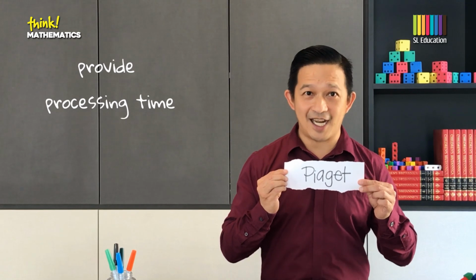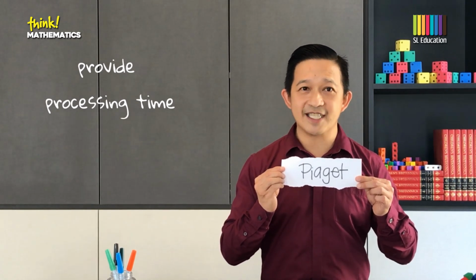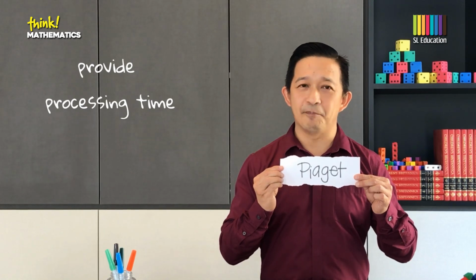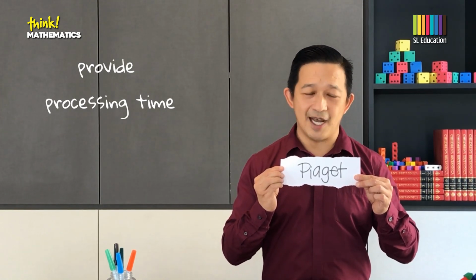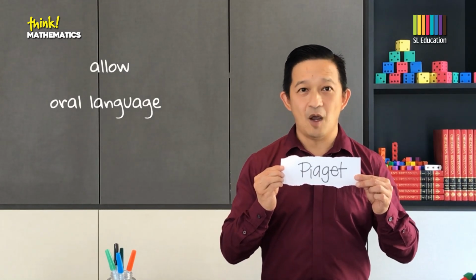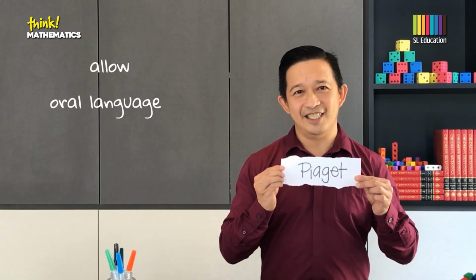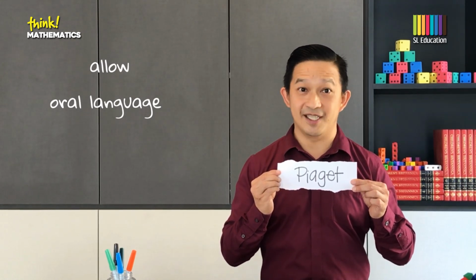Give them an anchor task that they can spend ample time on to internalize the ideas and build the necessary schema. Also, from Piaget's ideas, let students use oral language in the initial acquisition of the concepts they're supposed to learn.